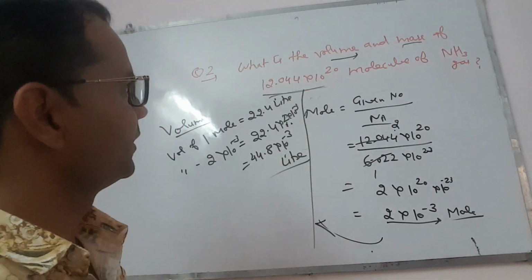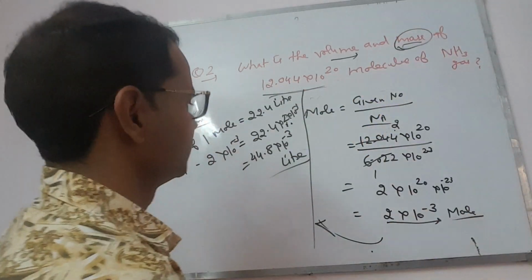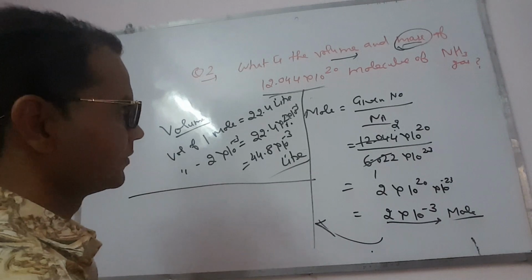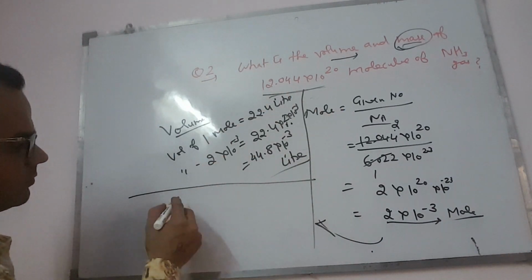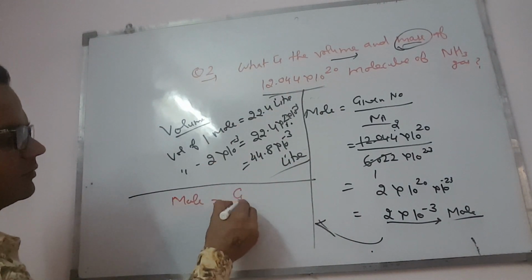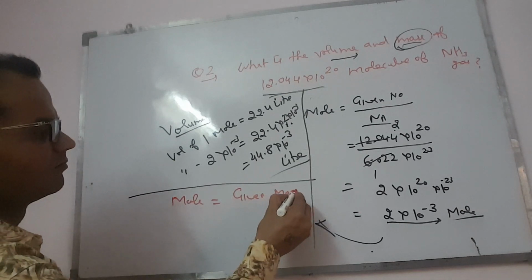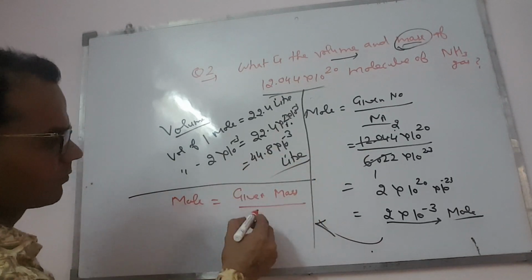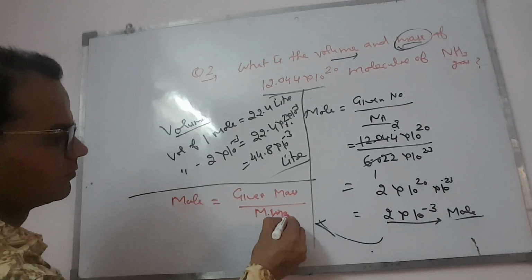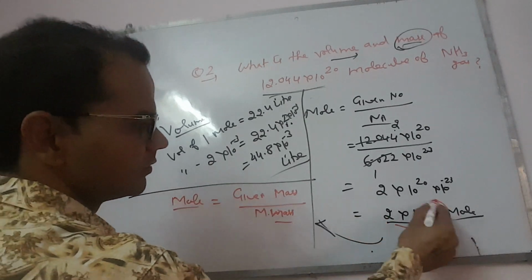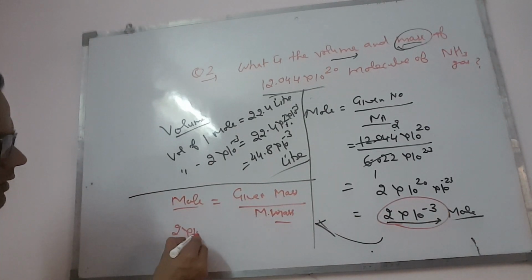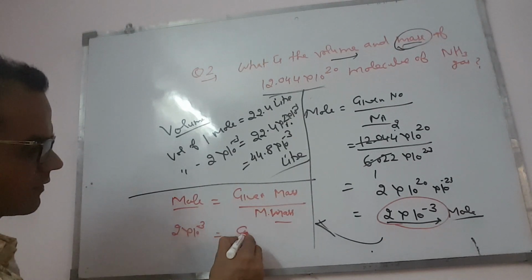Second, we have to find out the mass. We can find it here. In terms of mass, moles are given mass by molecular mass. Moles are 2 into 10 raised to power minus 3. Given mass we have to find out.